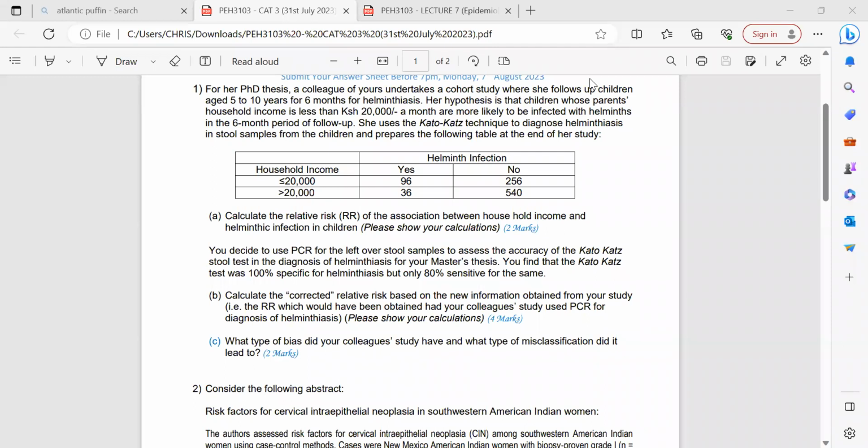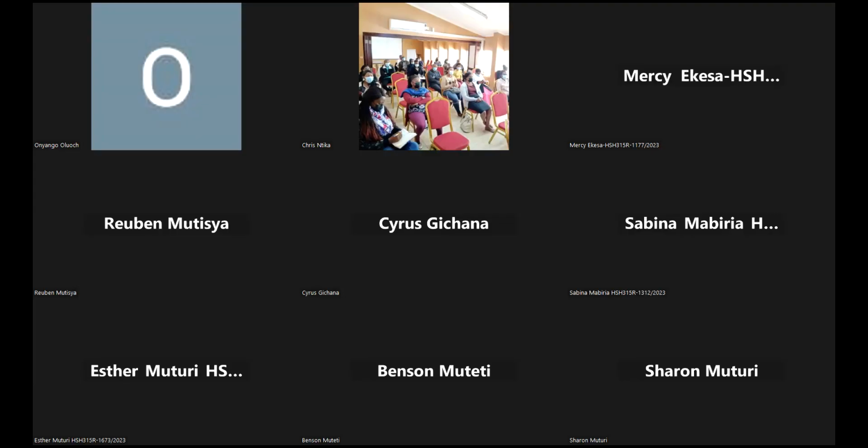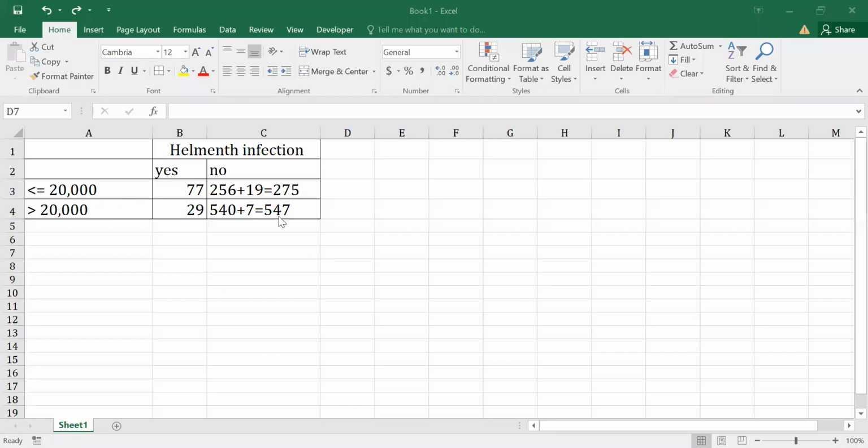Yeah, because we are not told whether he used all of them. Okay, so we agree that this will be our new 2 by 2, so that now we are able to calculate. So we all agree that this will be our new 2 by 2 table.